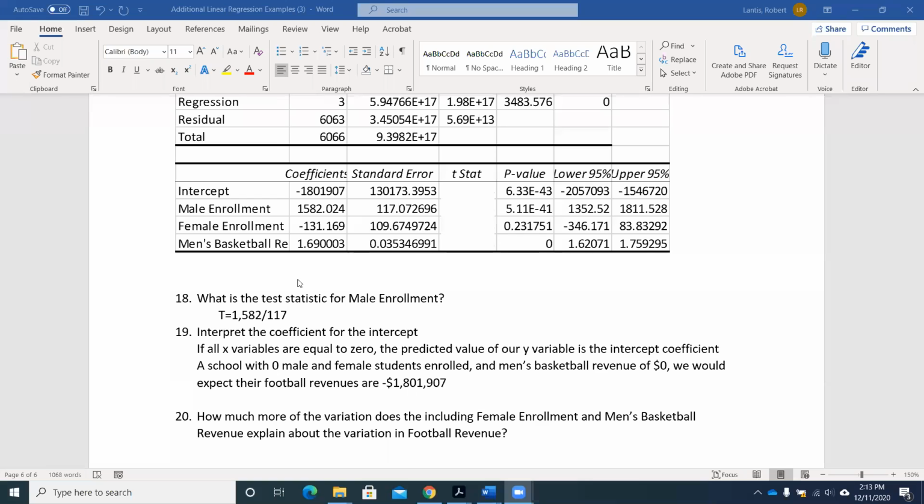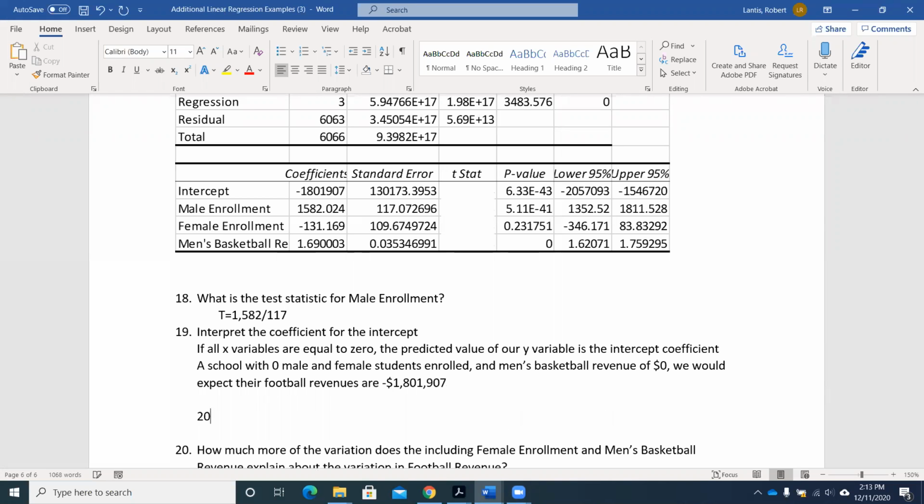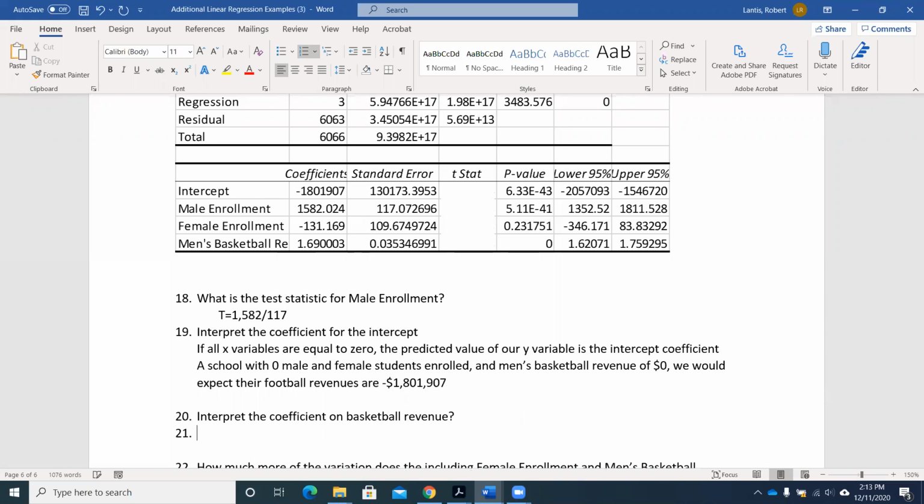Okay, so that was a good one. So what if I want to interpret the coefficient on basketball revenue? Well, once again, it's a 1 unit increase. So how is basketball revenue measured?